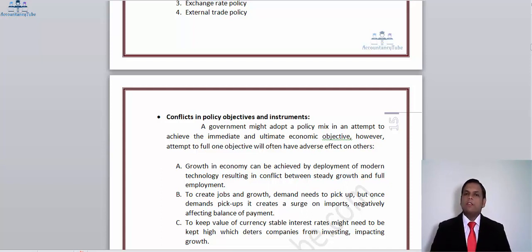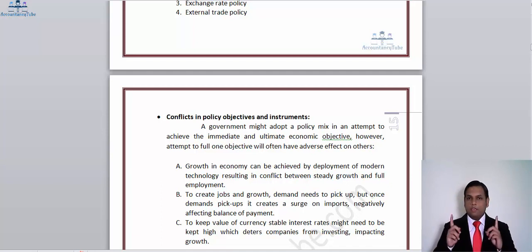As a result, this will create pressure on our imports, which will result in a decline in the balance of payments. Perhaps it could even create a deficit instead of a surplus. So here employment is contradicting with the balance of payments control objective.